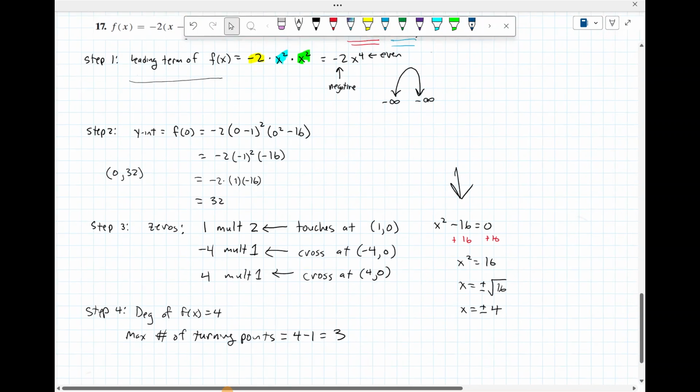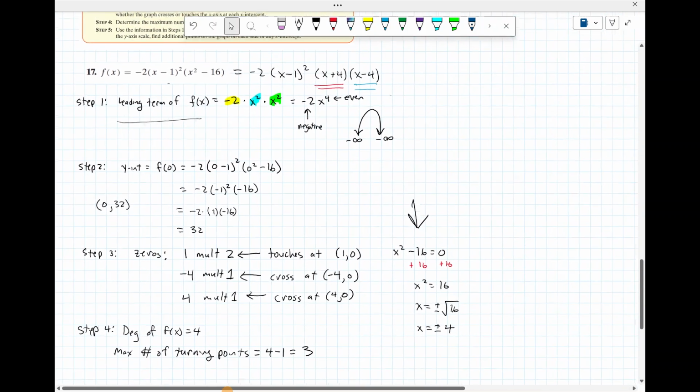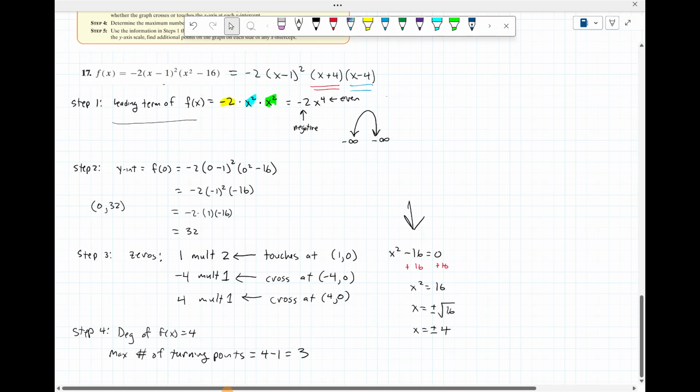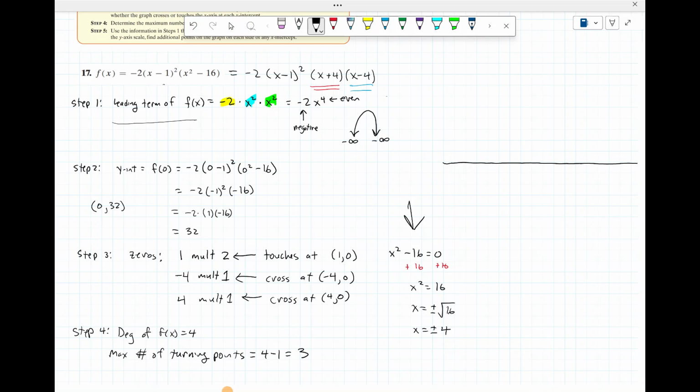And at this point, we can at least sketch a graph, putting all of this information together. So I'm going to draw a quick XY axis. I guess the only problem is that my y-intercept of 32 is going to be really way high in the sky.